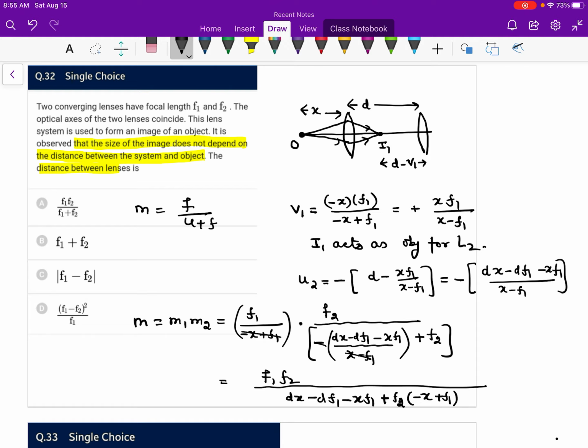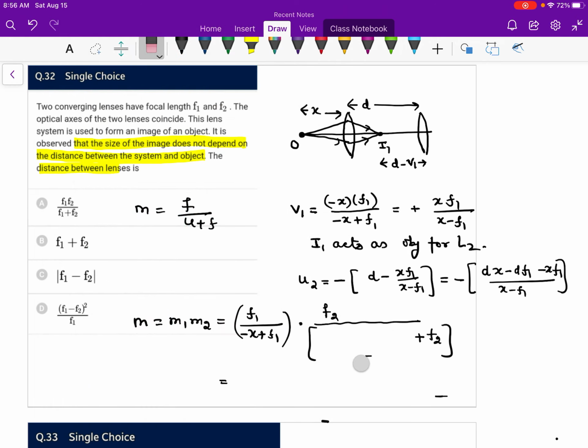f1 minus x, just a minute. So we have minus x f2 minus x f1 plus dx. Okay, so here we should first take LCM. So m1 is f1 upon minus x plus f1, and this is f2 upon u2, which is minus dx minus df1. So let's absorb this minus sign.